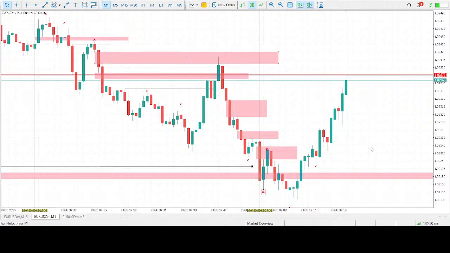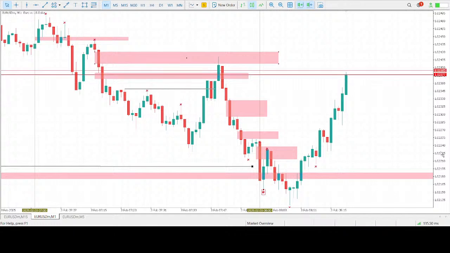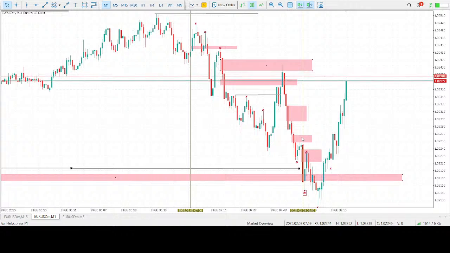Price has shown a willingness to move to the upside and respect this fair value gap. So the premise now would change, and we would monitor it for the following sessions.